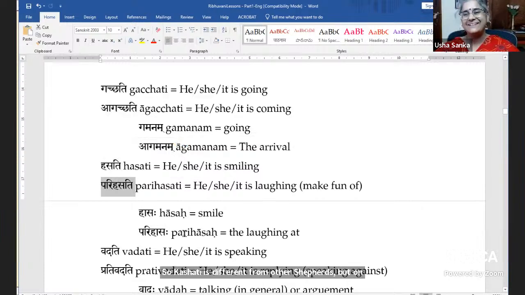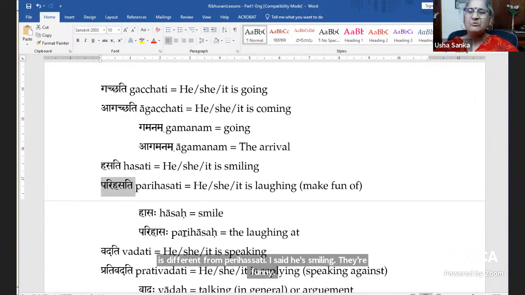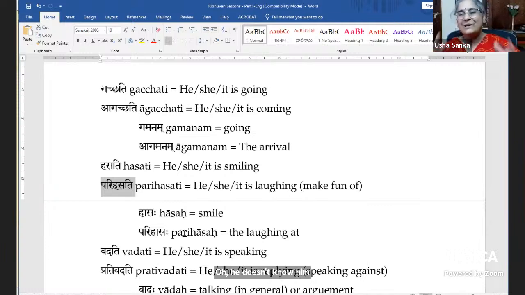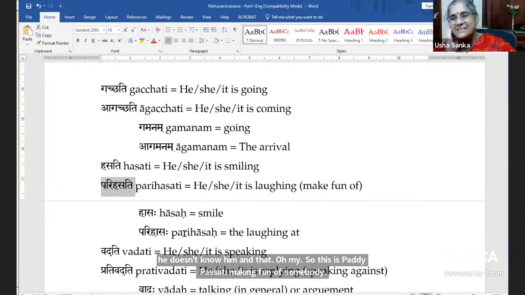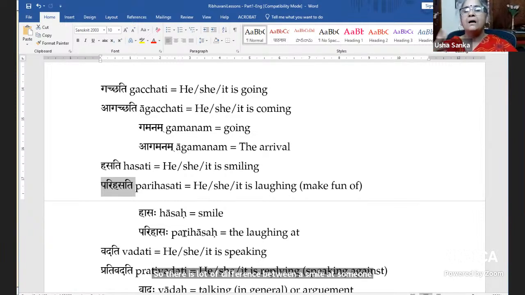Hasati is smiling, but parihasati is making fun of someone. There is a lot of difference between a smile at someone which greets them and makes them feel warm, and parihasati which makes them feel depressed and ashamed. So making fun of is not a positive dhatu at all.